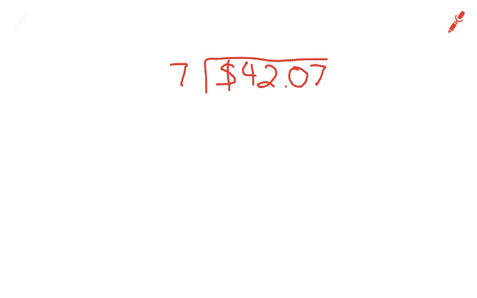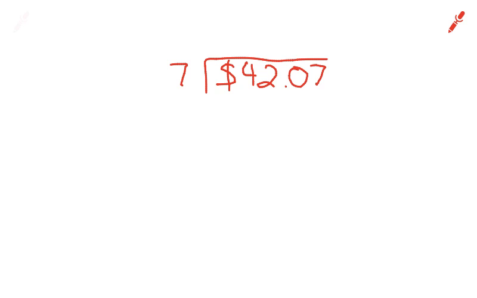You guys will go ahead and do the rest of those, except for the division one, let's do that together. That's a little different. $42.07 divided by 7. Again, we're still doing both the estimated answer and the exact answer.